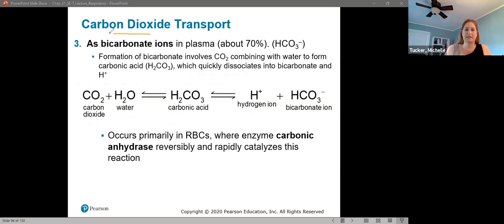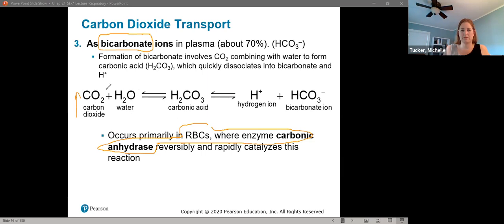The primary mechanism for transport is as bicarbonate ions. This is a catalyzed reaction, and this occurs inside the red blood cells. So carbonic anhydrase is in red blood cells. And carbonic anhydrase is going to catalyze this reaction. With an increase in carbon dioxide, it pushes the reaction.